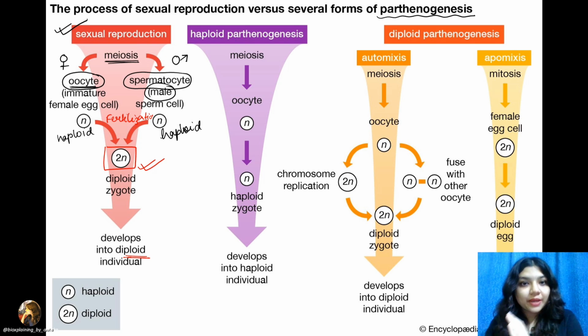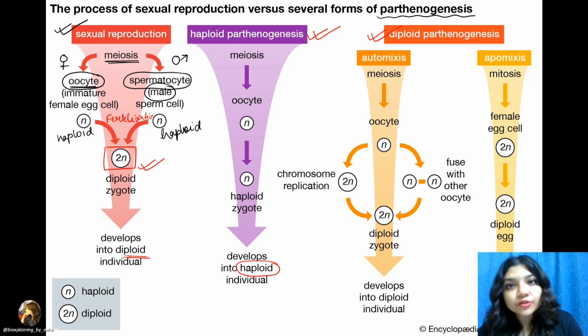There are different types. एक है haploid parthenogenesis, जिसमें क्या देखा जाता है कि haploid individual form होगा. एक है diploid parthenogenesis, जिसमें तुम क्या देखोगे? Diploid individual will be formed.